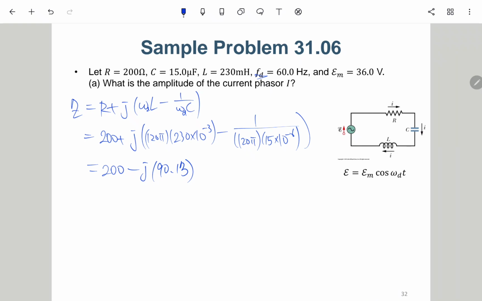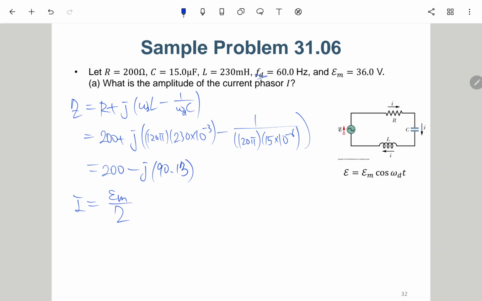Now you need to find the amplitude, so you need to change it to polar form. I will be EM over Z. This is actually the phasor of I.